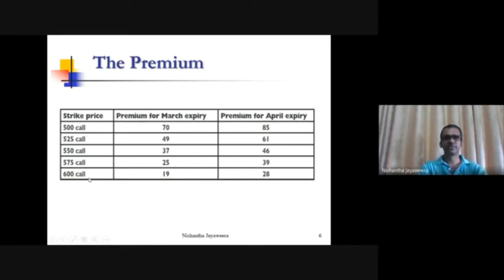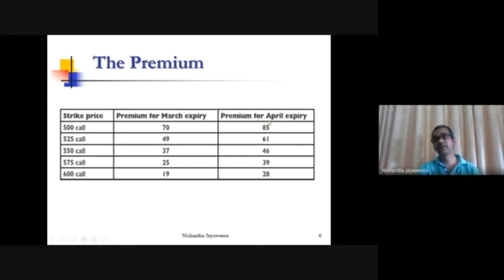for call options: 500, 525, 550, 575, 600. Strike price goes up, and there is the premium for March expiry and the premium for April expiry. So for a call option with a strike of 500, the premium for the March expiry is 70.